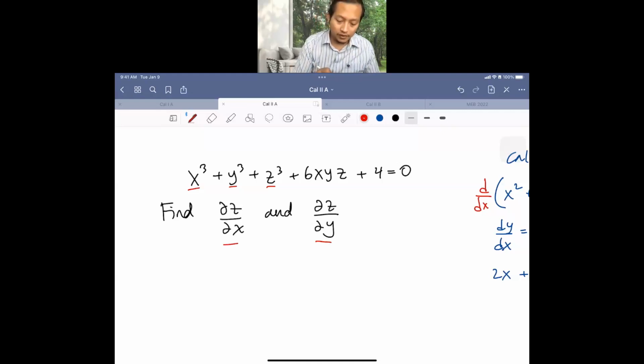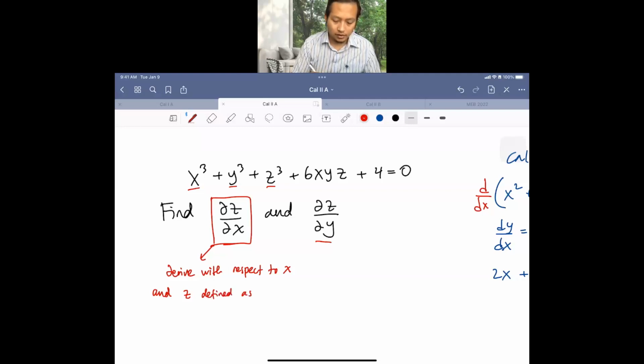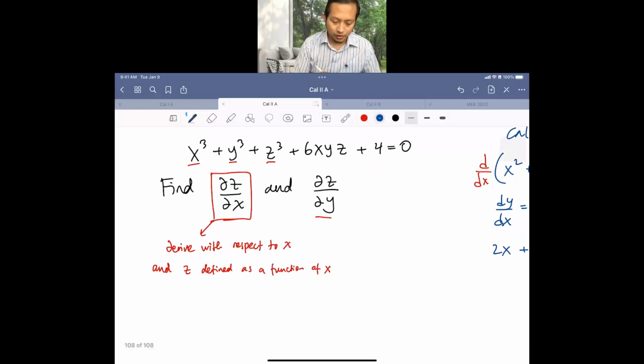So if we have this partial z over partial x, it means we are going to differentiate with respect to x, and z is defined as a function of x. Now let me write the equation one more time here.